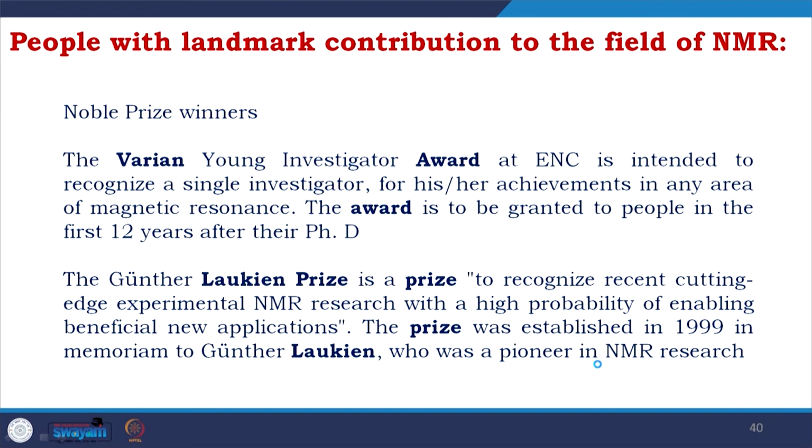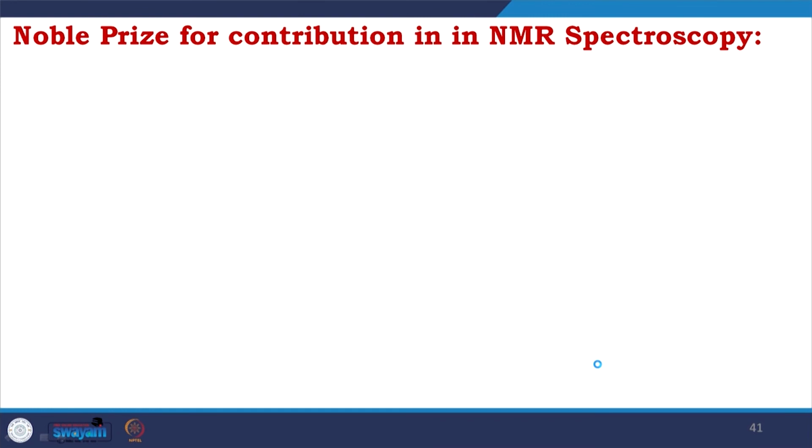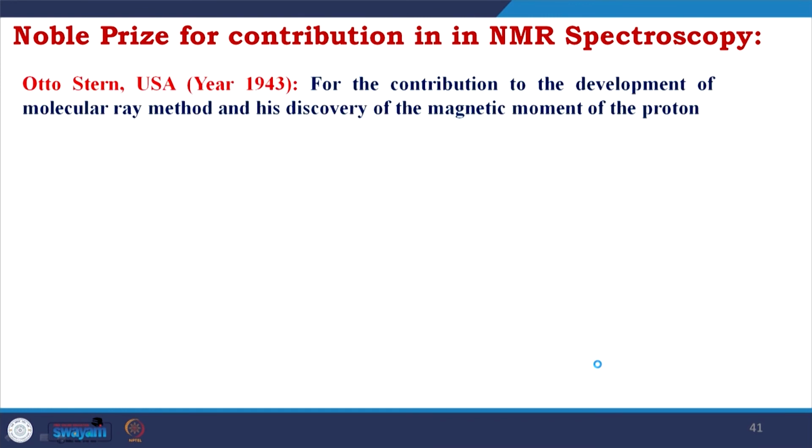I will talk about the Nobel Prize winners first. Otto Stern from the US in the year 1943, for the development of the molecular ray method and his discovery of the magnetic moment of the proton.